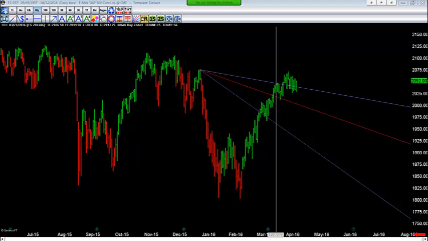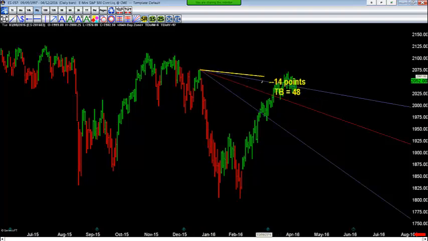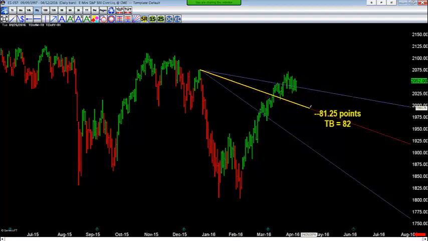So watch. I'm going to draw this SR tool down here, and I'm going to go anywhere I want on this red line. I want you to see how the points equal the bars. I can't quite get it right on there, but it's 1 point per 1 bar. No matter where I go, they're going to equal each other. Okay? It's a 1-to-1 line.